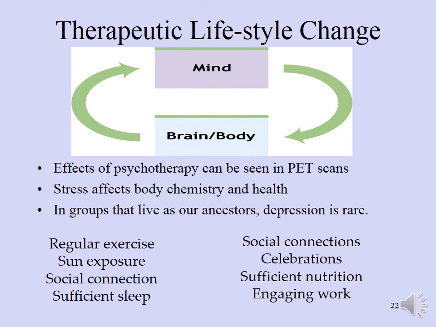And in terms of their nutrition, much different than our modern American diet. Primarily, their diet was made up of naturally grazing animals and fish, and then fruits, vegetables. So very different from our modern American diet. And they also have engaging work.